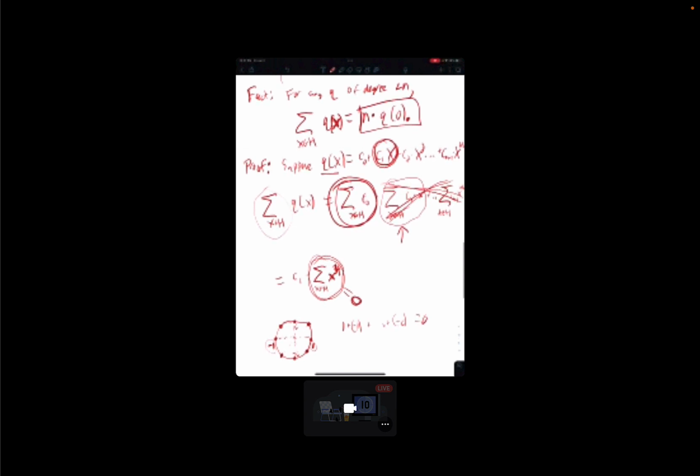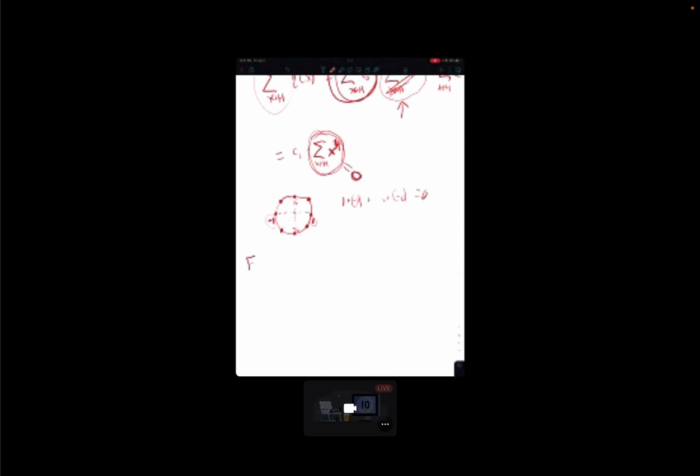So with that fact in hand, I can state one other fact that's an almost immediate corollary of the first fact. This fact is what's going to underlie what Marlin calls the univariate sum check protocol.